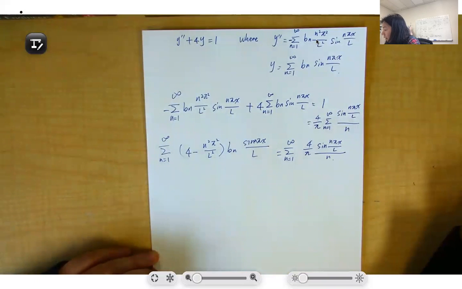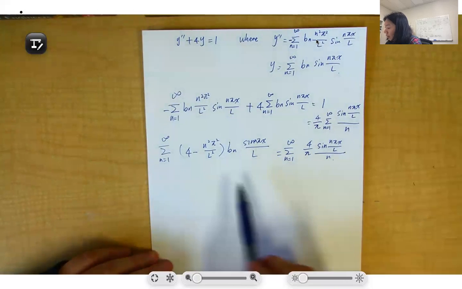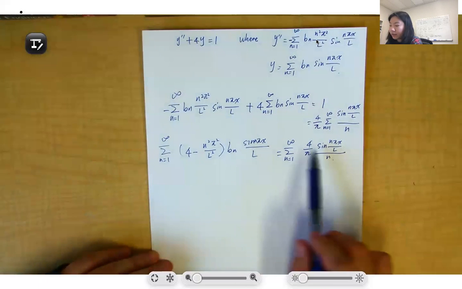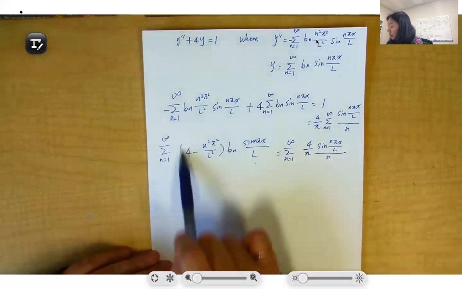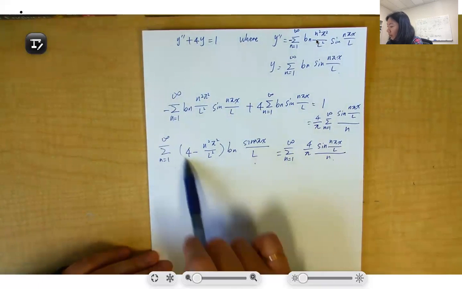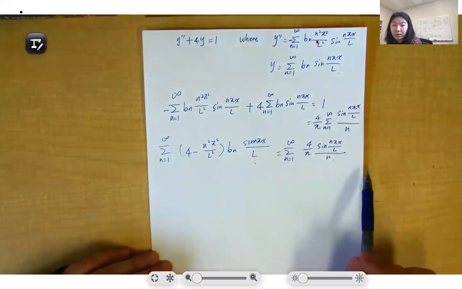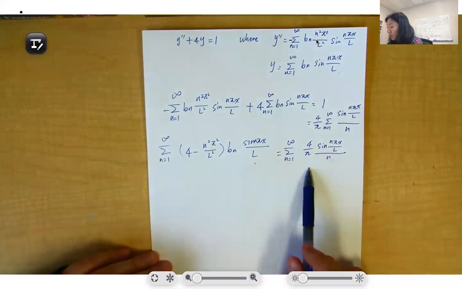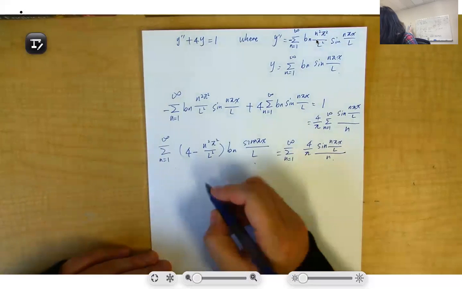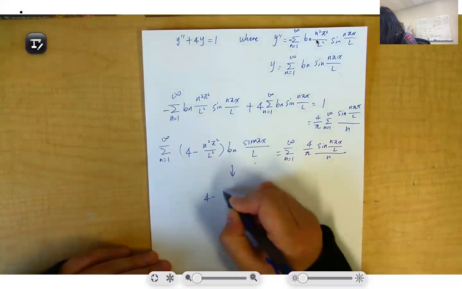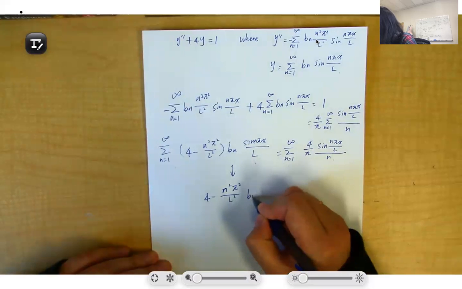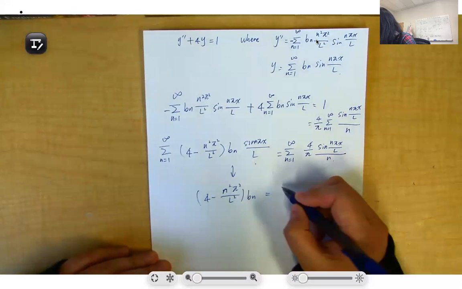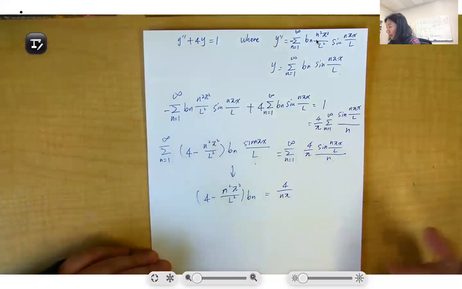Since the sine n pi x over L and the sum are the same on both sides, the coefficients need to be the same so that the left side equals the right side. Then we get (4 minus n squared pi squared over L squared) b_n equals 4 over n pi.